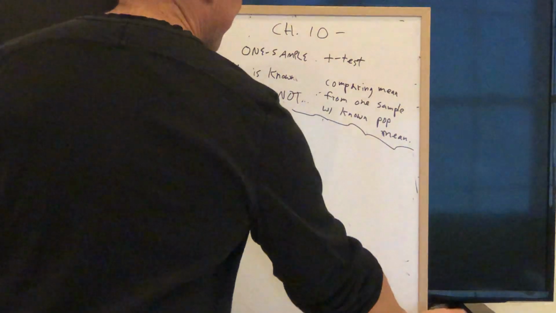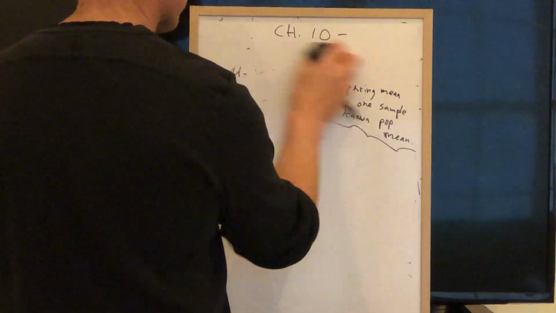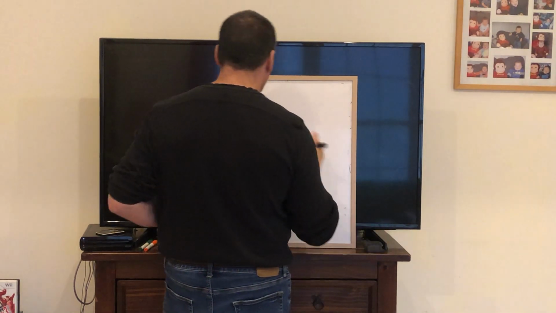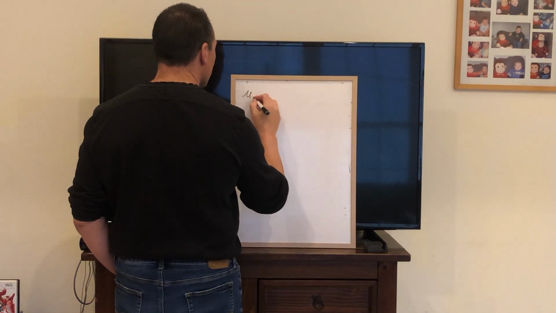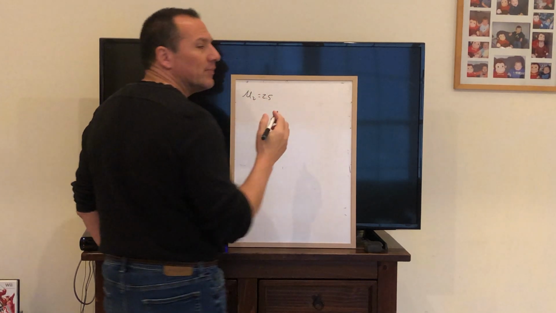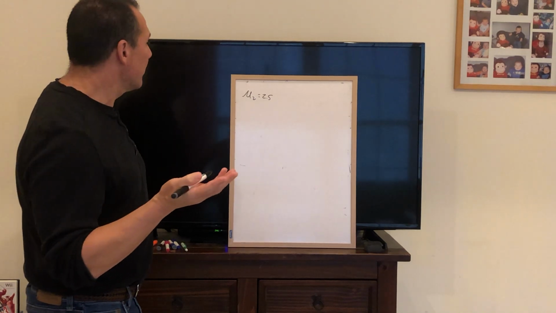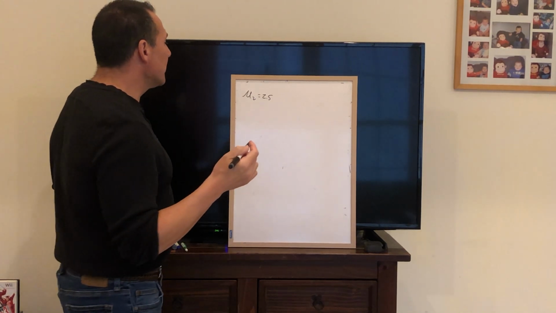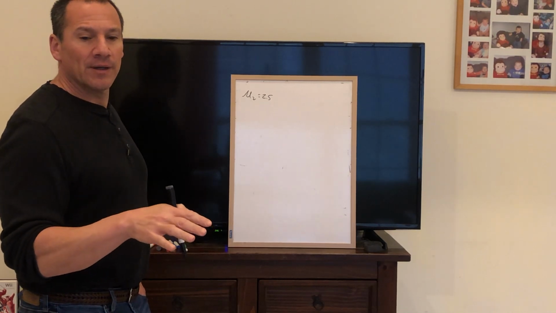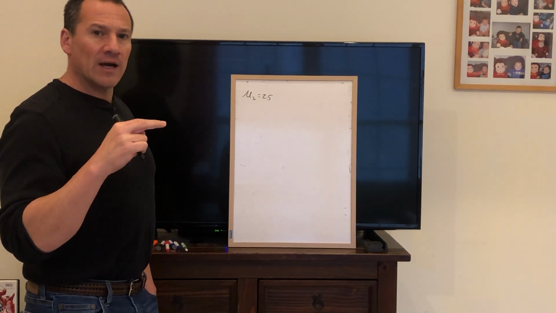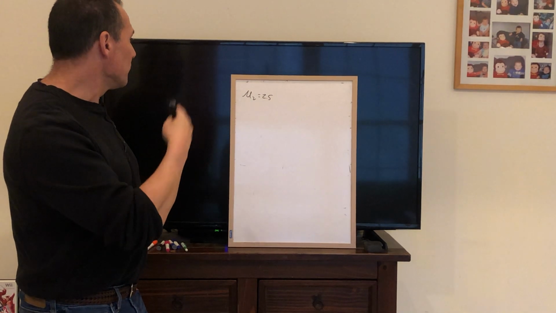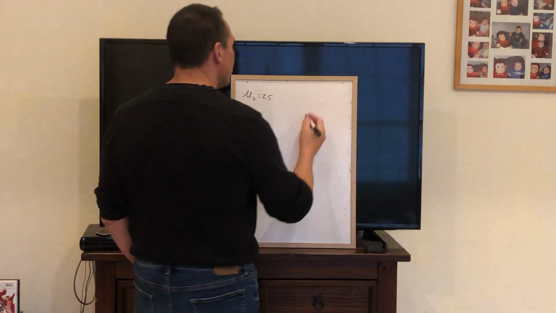So here's an example. Suppose that the mean for the general population for GPA is 2.5. And suppose that you want to see if students in your dorm are somehow significantly better in terms of GPA than the general population.